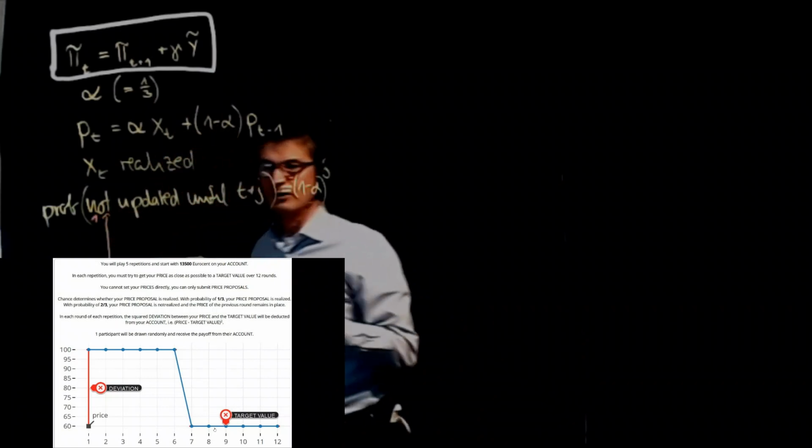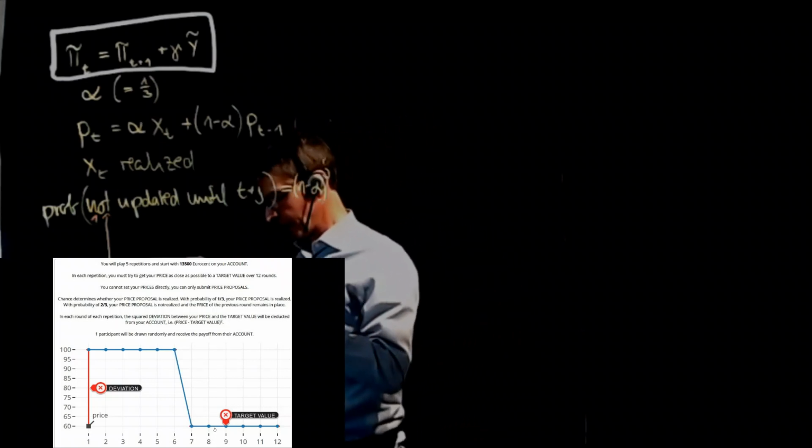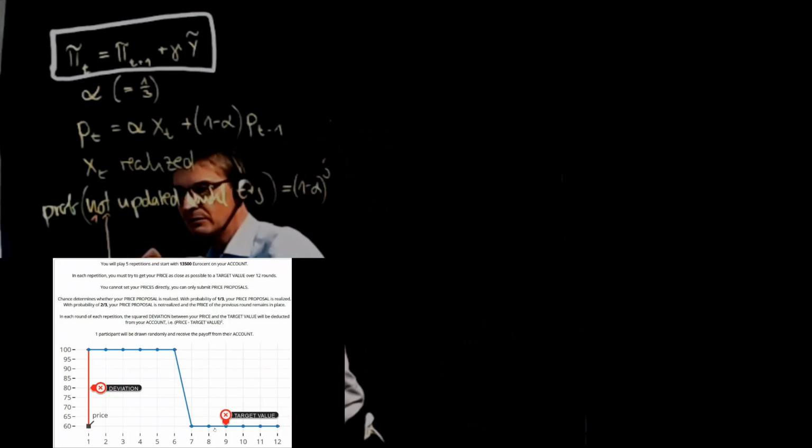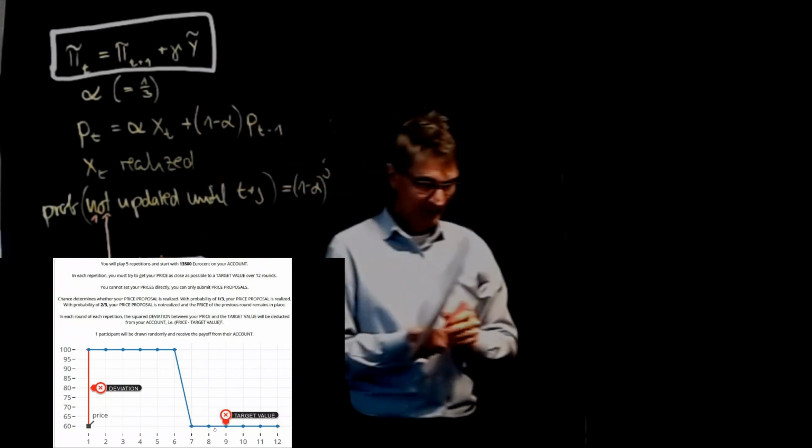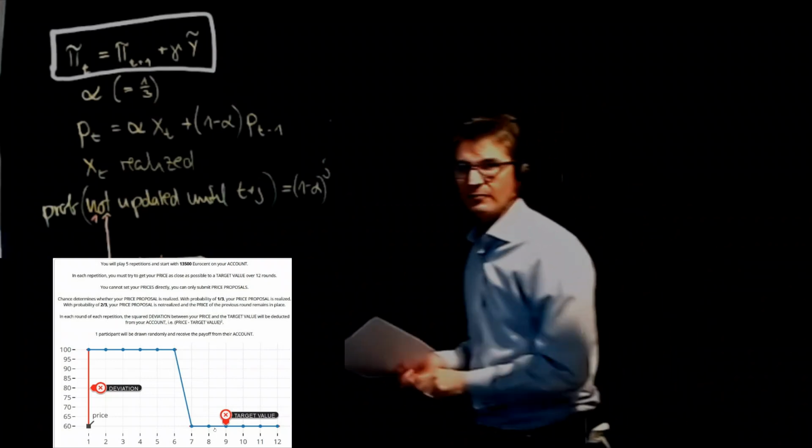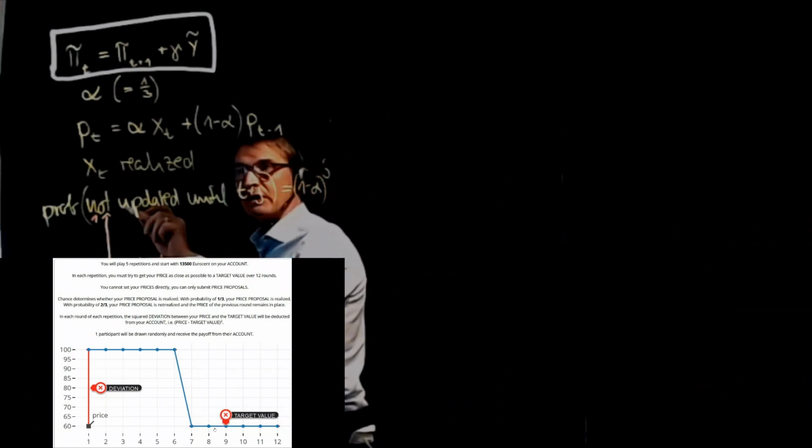We start with a probability of 1, and here with round t plus 1, t plus 2, t plus 3. Okay, in round t we said, well, it's realized. So then we're here.